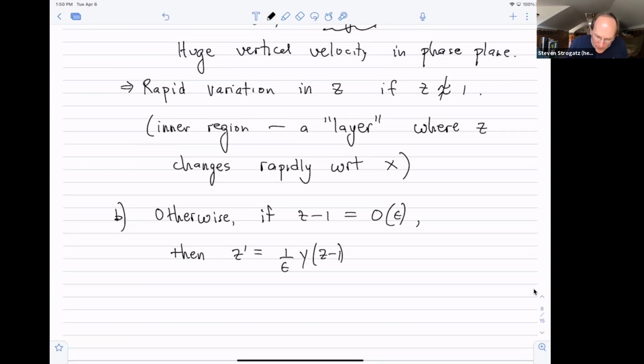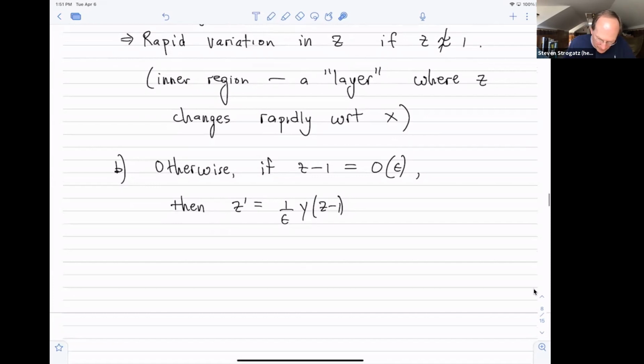You can see the issue. If this term is itself order epsilon, it will cancel with this epsilon. And then Z prime will be order 1. So in that case, everything is kind of mild. Z prime is order 1, Y prime is also order 1.